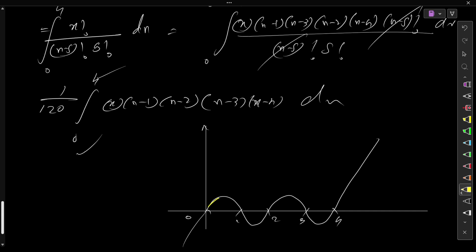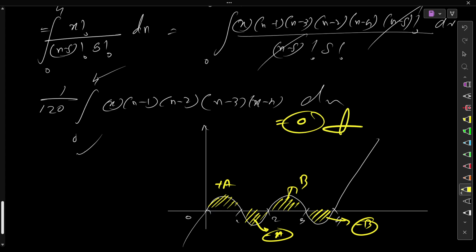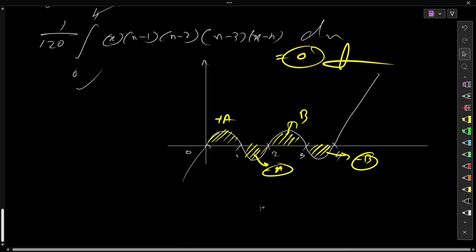So this is the area A, this is the area B, this is the area C, and this is the area D. And if this is plus A, then this would be minus A, and minus B. So the net area is actually 0. So the answer to this question is 0.